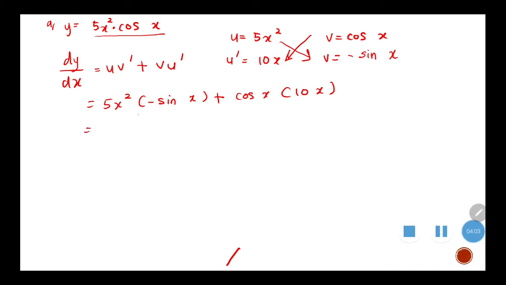Then you will get negative 5x squared sin x plus 10x cos x. And that is your final answer. Easy peasy, right? Especially so when you remember all the formulas.